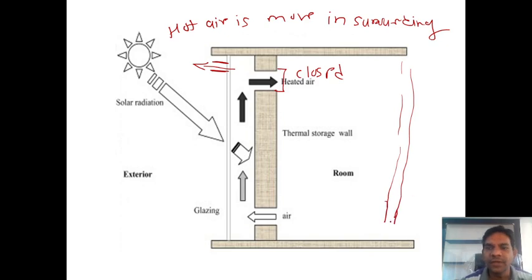At this position, another way, we have to provide one ventilation here, where the cold air enters. Then the cold air is at the bottom position, so a natural cycle will be developed. This cold air comes in, is heated, and exits into the atmosphere.